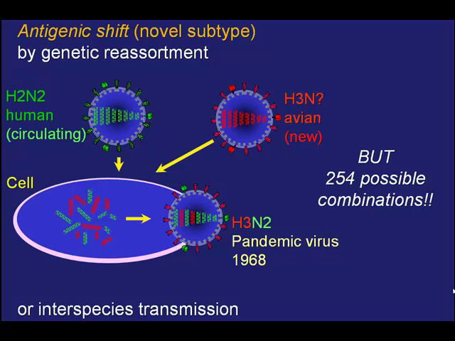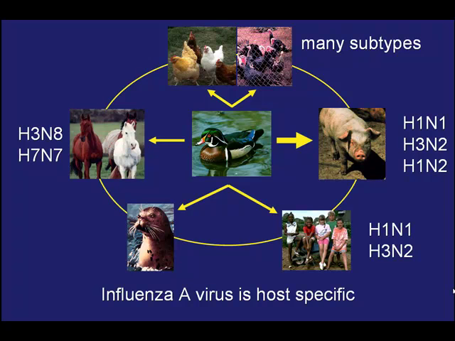This is actually what happened during the pandemics of 57 and 68, when the previously circulating human virus got the hemagglutinin from an avian virus. But those human gene segments help the novel virus to be well adapted to humans. Another mechanism for a shift is interspecies transmission.